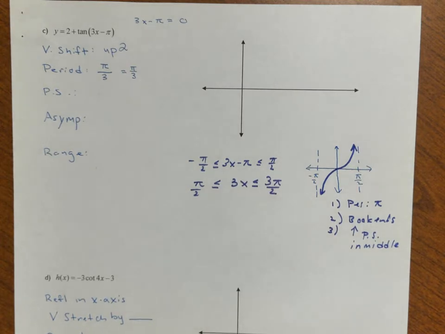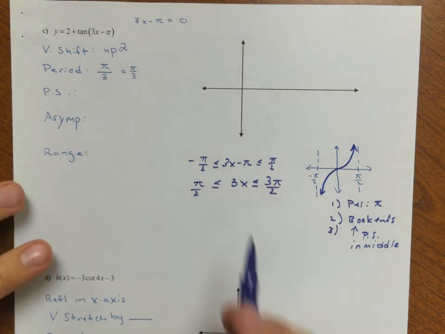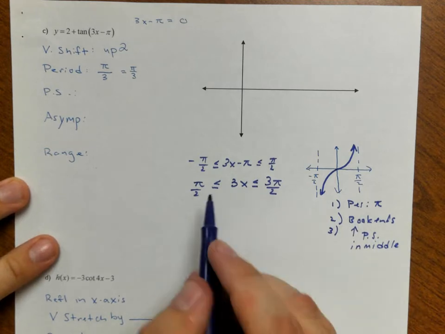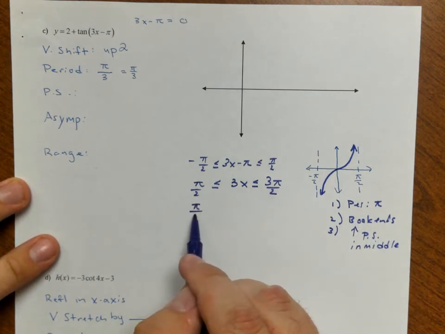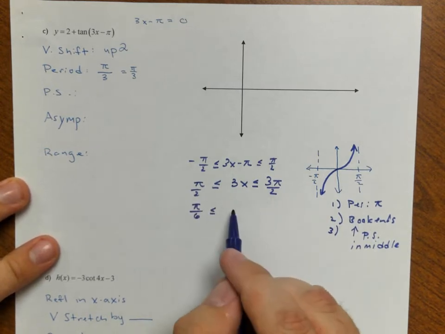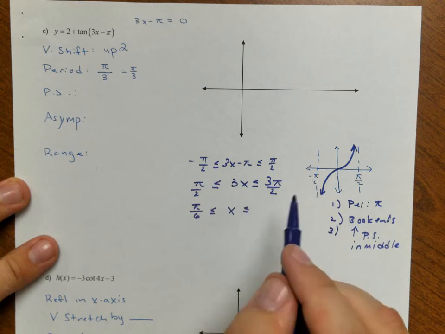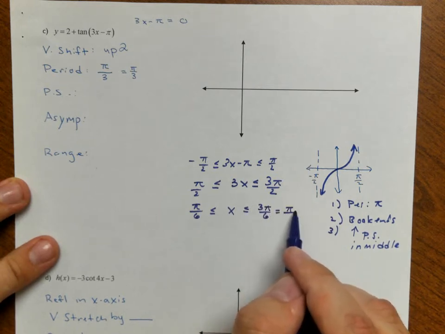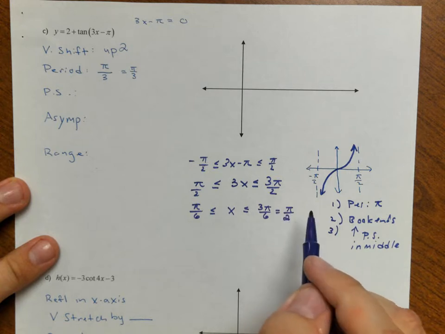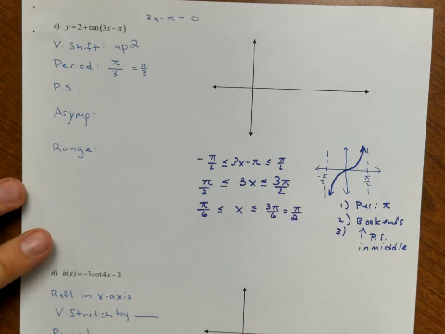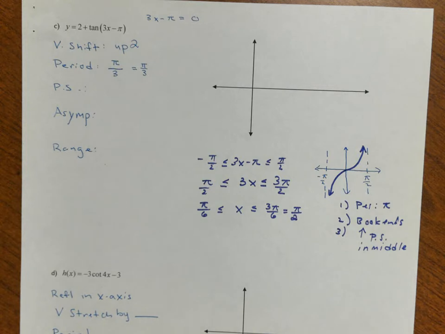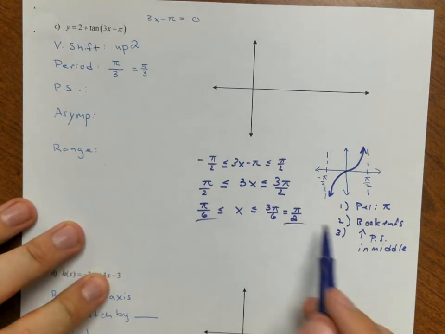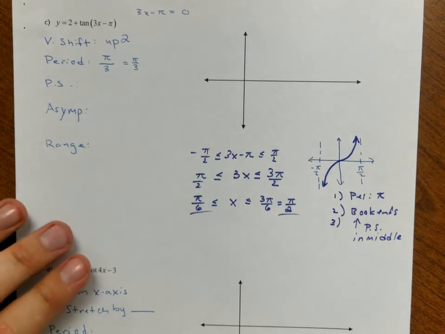And now I want to divide by 3. So dividing by 3, multiplying by 1/3, pi over 2 becomes pi over 6. 3 pi over 2 would be 3 pi over 6, or rather pi over 2. So I know that I'm going to graph between pi over 6 and pi over 2.